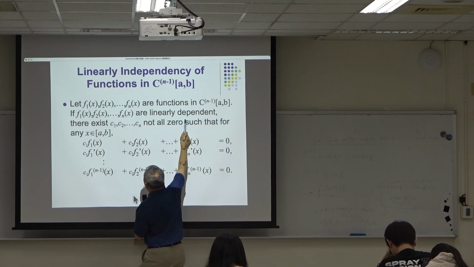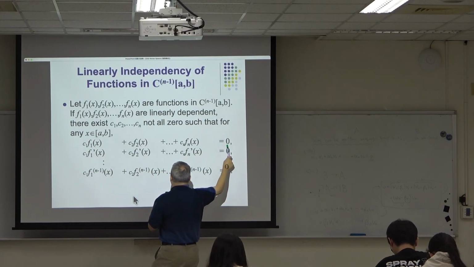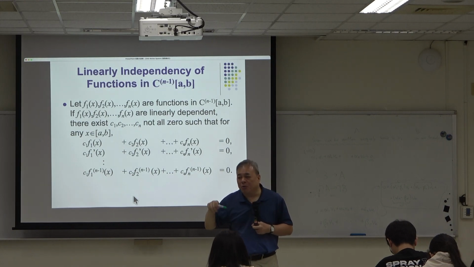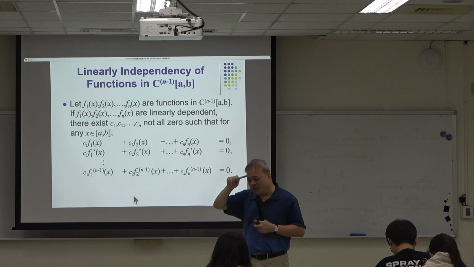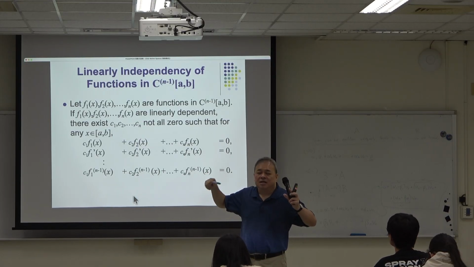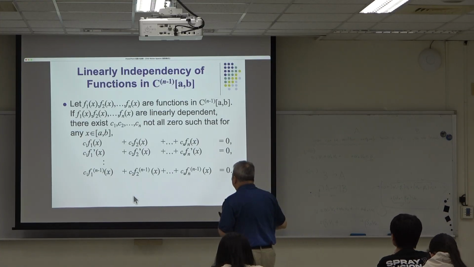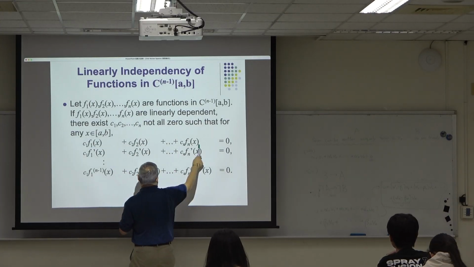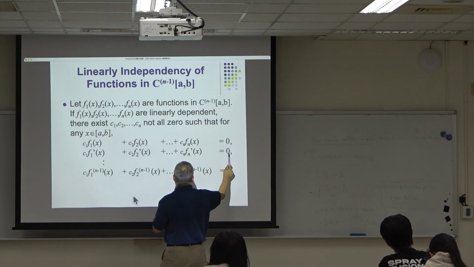But if you have that, remember these functions are differentiable, since they are in C^(n-1)[a,b]. In other words, in this range, these functions are differentiable. So you differentiate on both sides. These ci are still there, so you get the second row equal to 0.